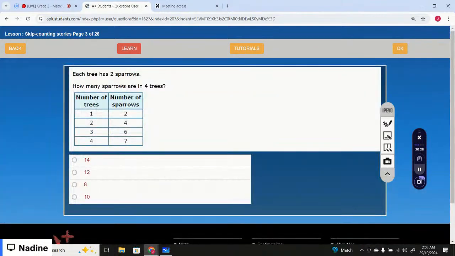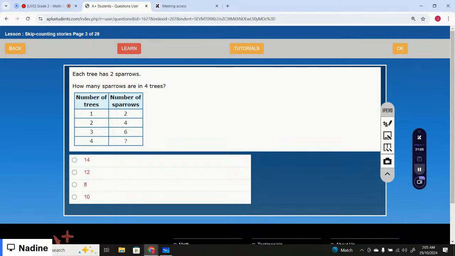Each tree has two sparrows. How many sparrows are in four trees? So which is the correct option?